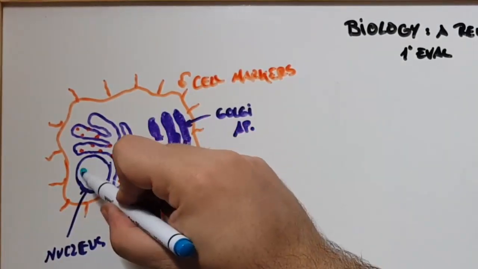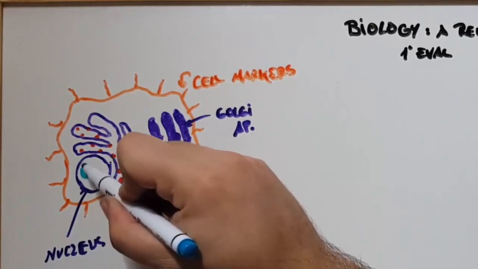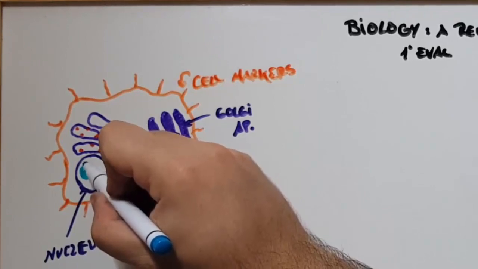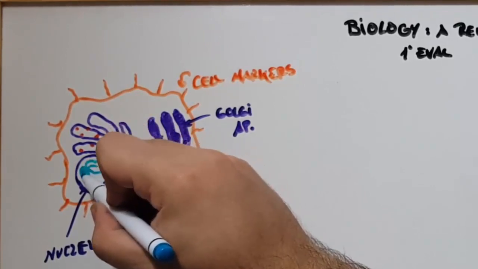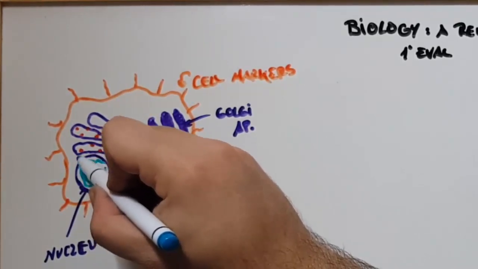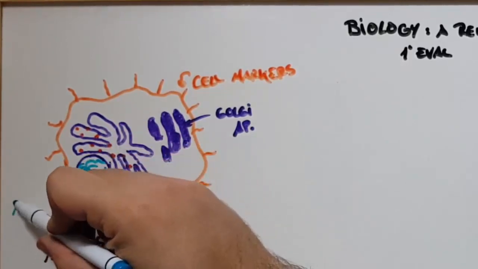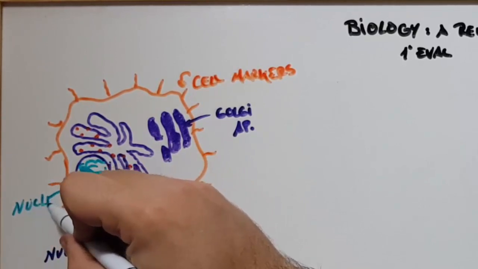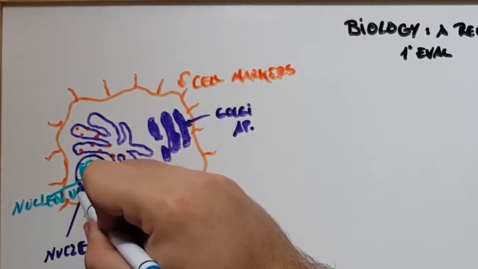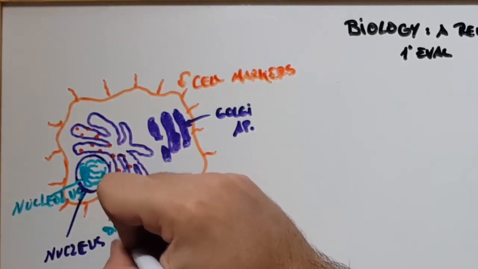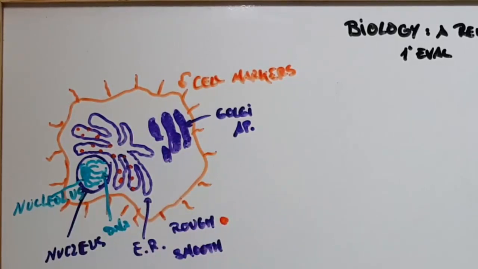It is going to be the nucleolus with this big blob of ink, and then DNA, like this. Nucleolus, and then we have DNA. A little bit crowded, but that's what we have.